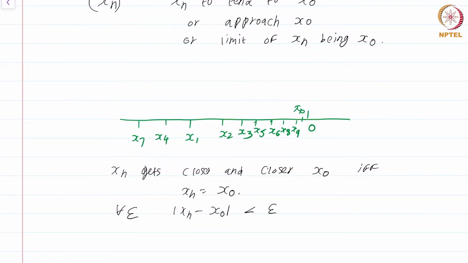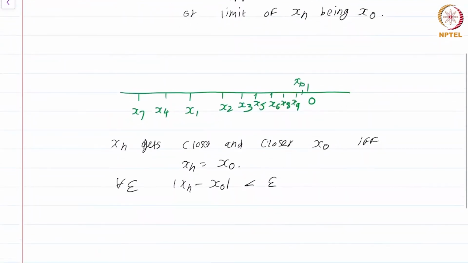But wait a minute, xn is not an individual term, it's not just one object, it's actually a sequence. So xn gets closer and closer to x naught does not mean that every term in the sequence xn is closer and closer to x naught. We want xn to get closer to x0 as we increase n.